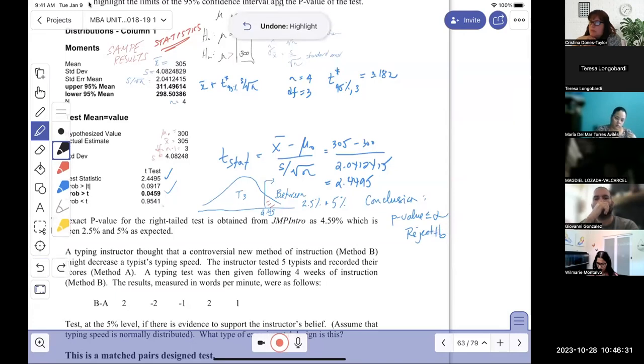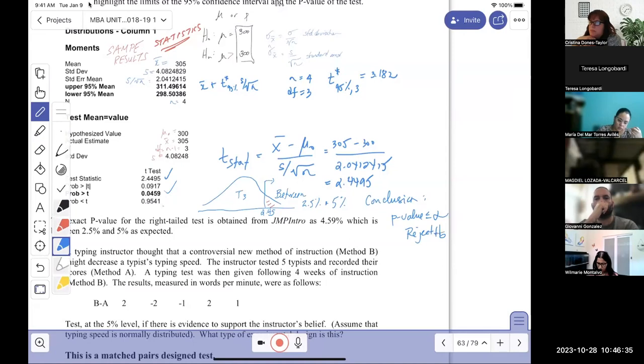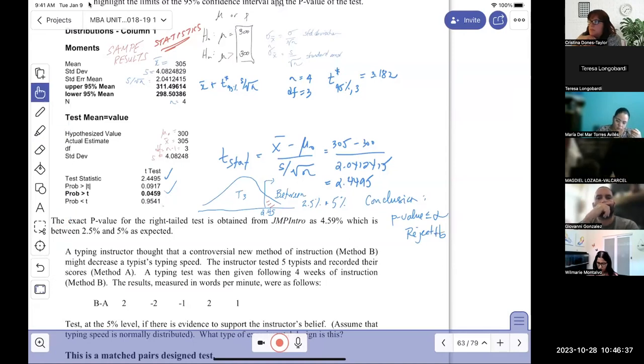So what's happening is, remember, we're comparing this to 5%. But if we do a two-tailed test, we're comparing our t-statistic to 2.5% on both sides.